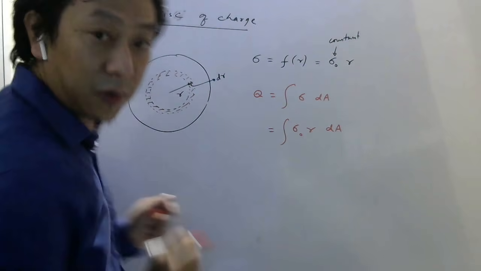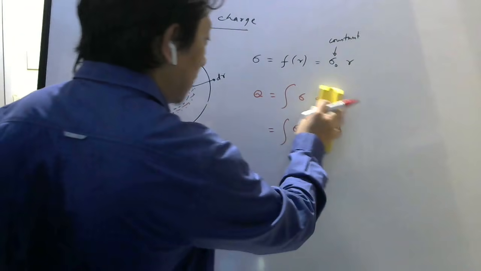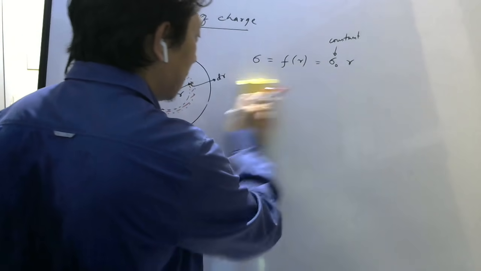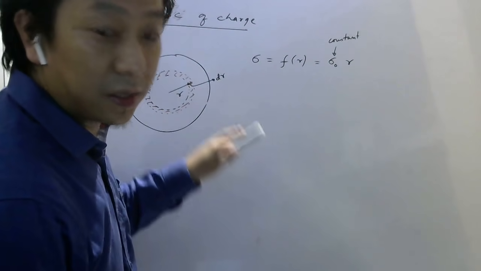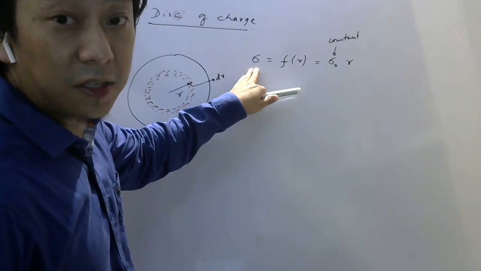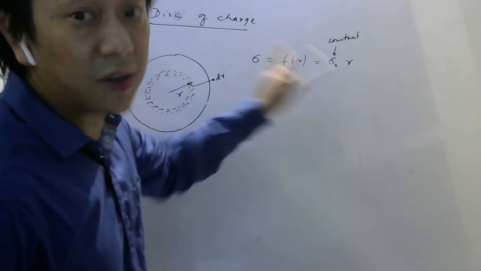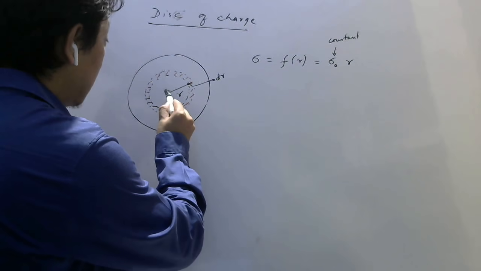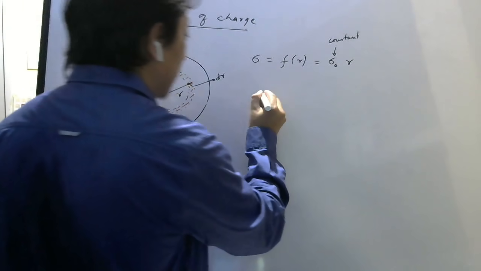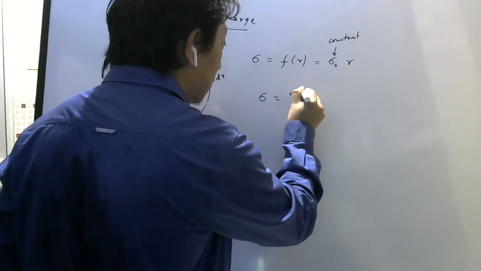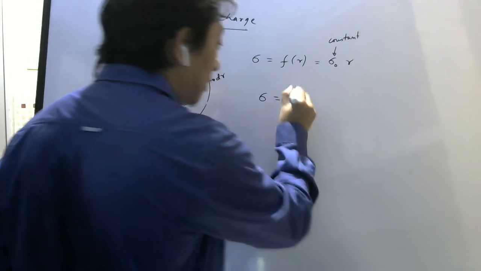Understood or not? Okay, let us go back once. Before writing this, think carefully about what I told: how to find the total charge of a disk if the surface charge density is not constant but a function. If it is changing from here to here to here, then it is very simple. You have to write sigma as dq by dA. What is dq?